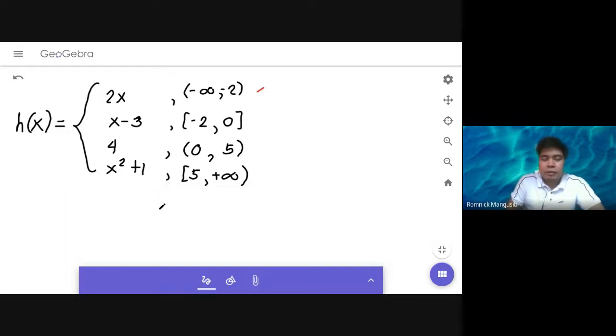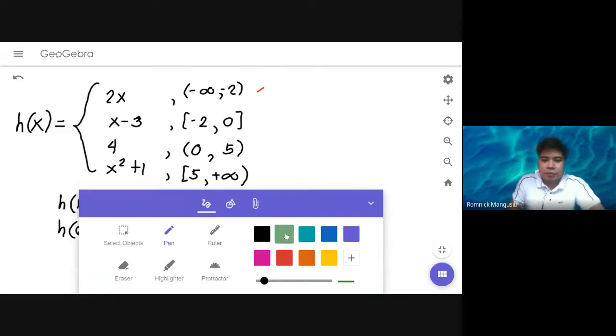Now to check whether you are good already in evaluating function, let's try this. What is the value of h of 10, h of 6, h of negative 2, and we have h of negative 8. Okay, so let's try this very quickly.